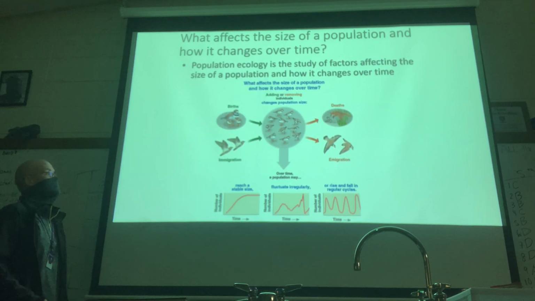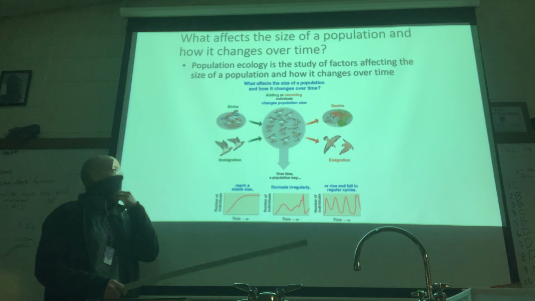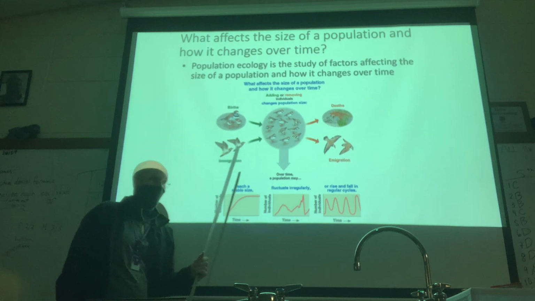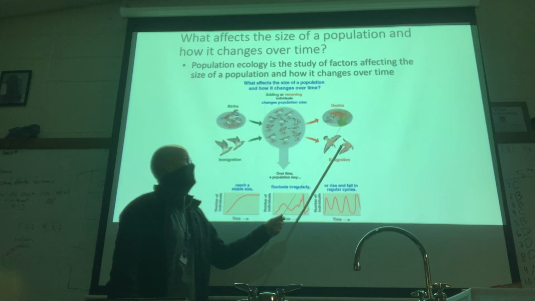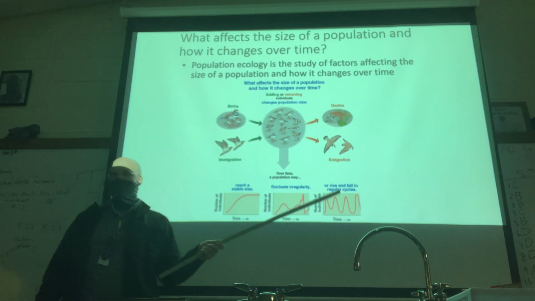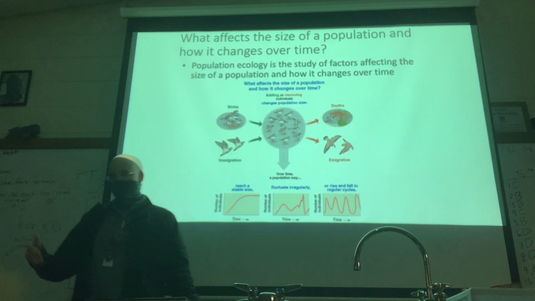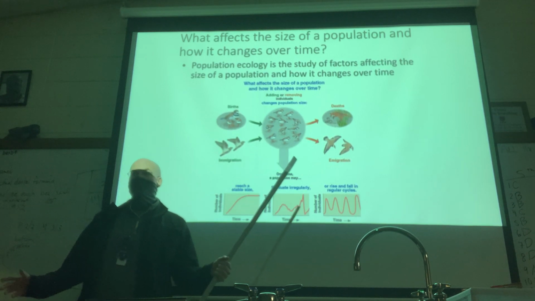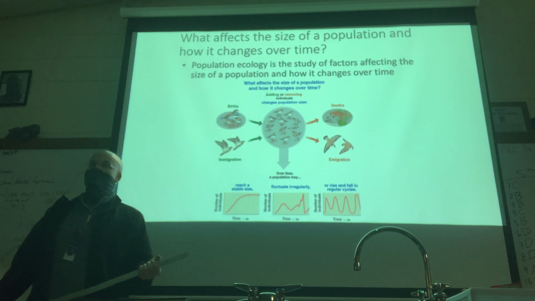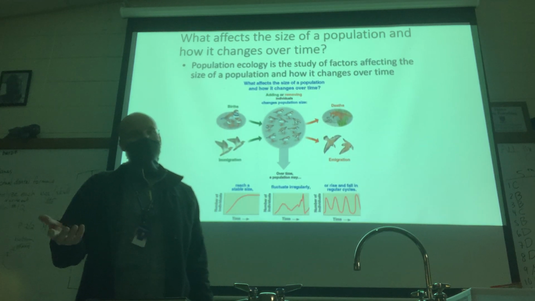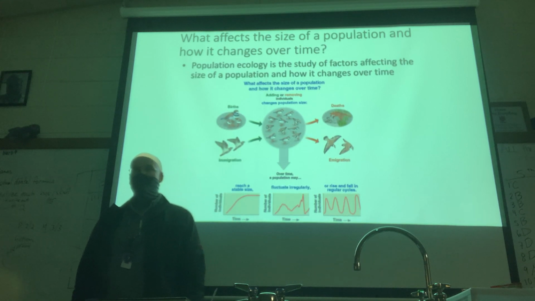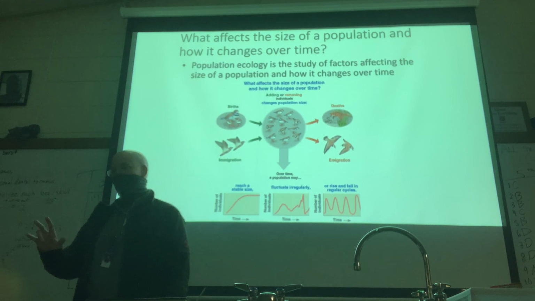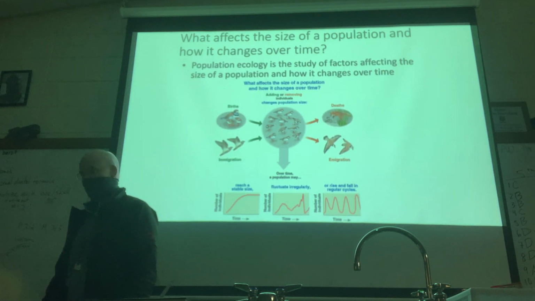And this is just the chapter's intro diagram about a population being affected by births and immigration with an I, and deaths and emigration with an E, meaning individuals that actually leave the population to go to other regions. Pretty simple concept on the surface. There is some mathematical modeling that this chapter does that you'll read about. We will look briefly at that today and go into it in a little more detail next class.